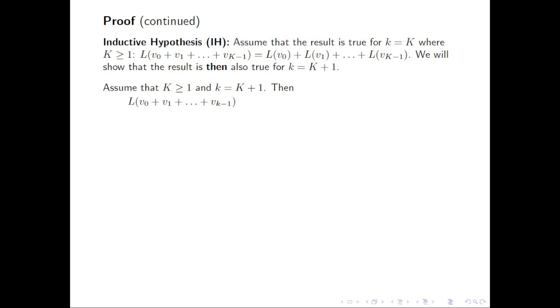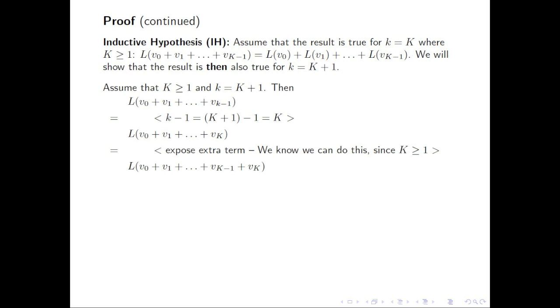Let's assume that big K is greater than or equal to 1 and k is equal to big K plus 1. Then if you look at the expression L of v0 through vk minus 1, that's the same as L of v0 plus v1 through v sub big K plus vk minus 1. We can split off the last term and explicitly expose vk minus 1.